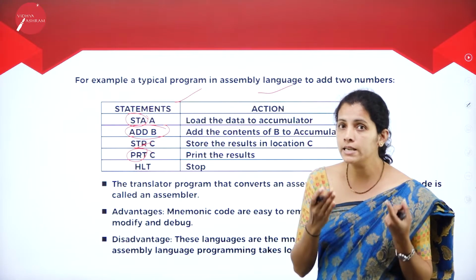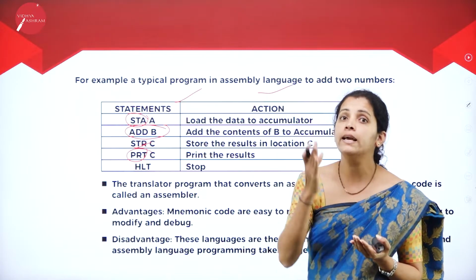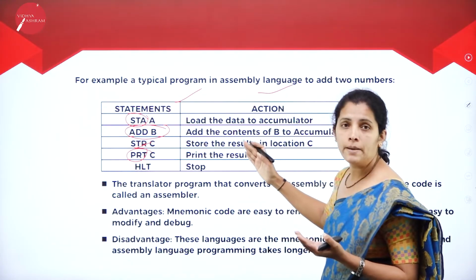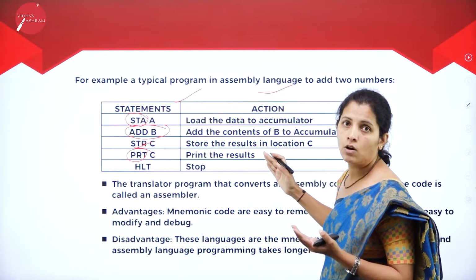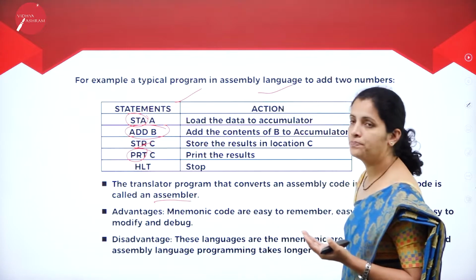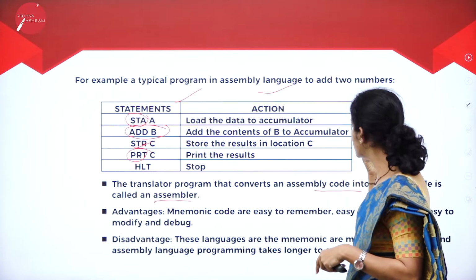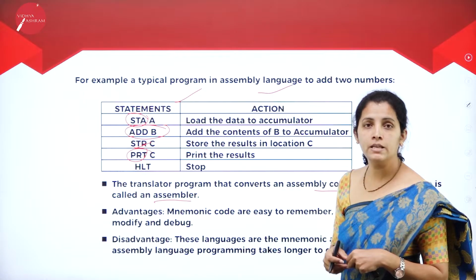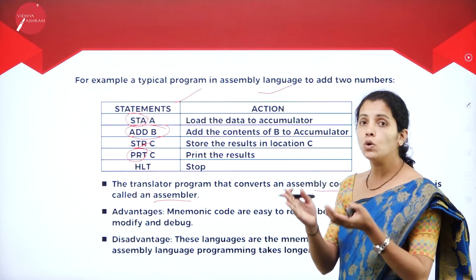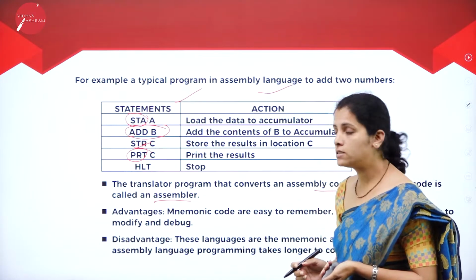So, what is the translator here? The job of the translator is to convert assembly level programming language to machine code, and that is called an assembler. So what is assembly code? That is nothing but the program which is written by using assembly level language. Now I want to convert this assembly code to machine code. For that reason, I require an assembler.